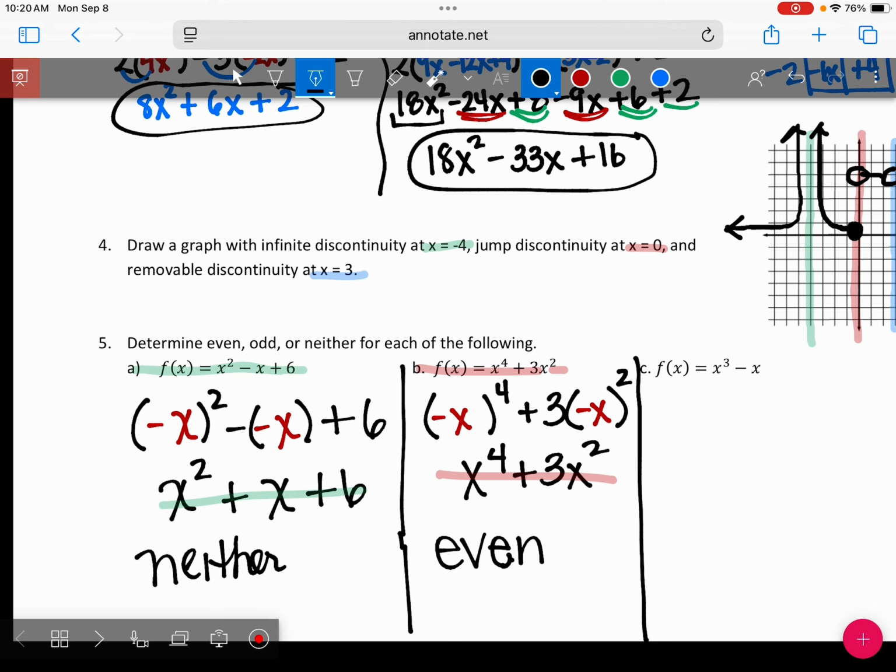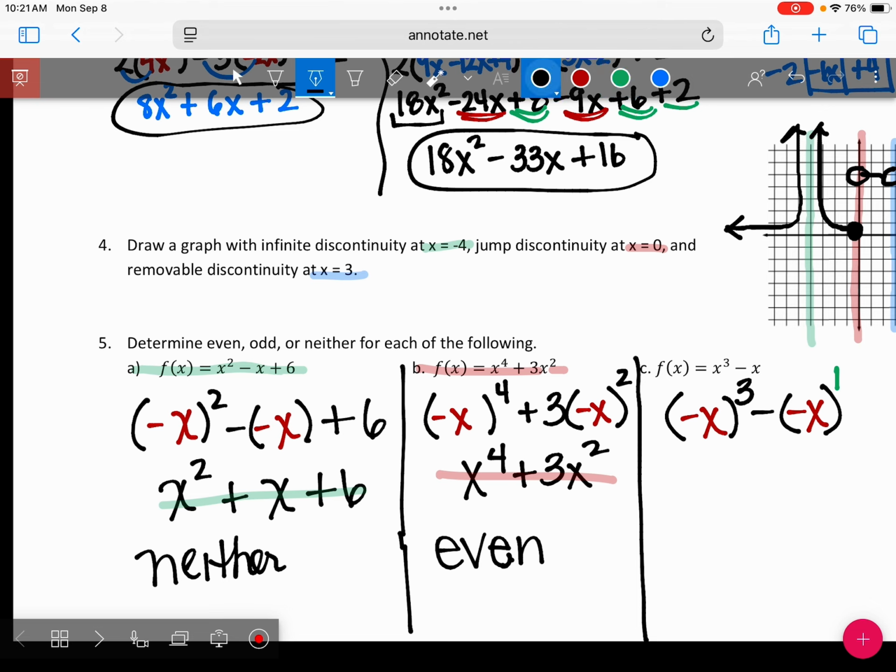And then our last one, I have x to the power of 3 minus x, and I put in my negative x. Okay. I'm taking both of these to an odd power, because remember, my invisible exponent here is 1. 3 and 1 are both odd, which tells me that the negative will stay.